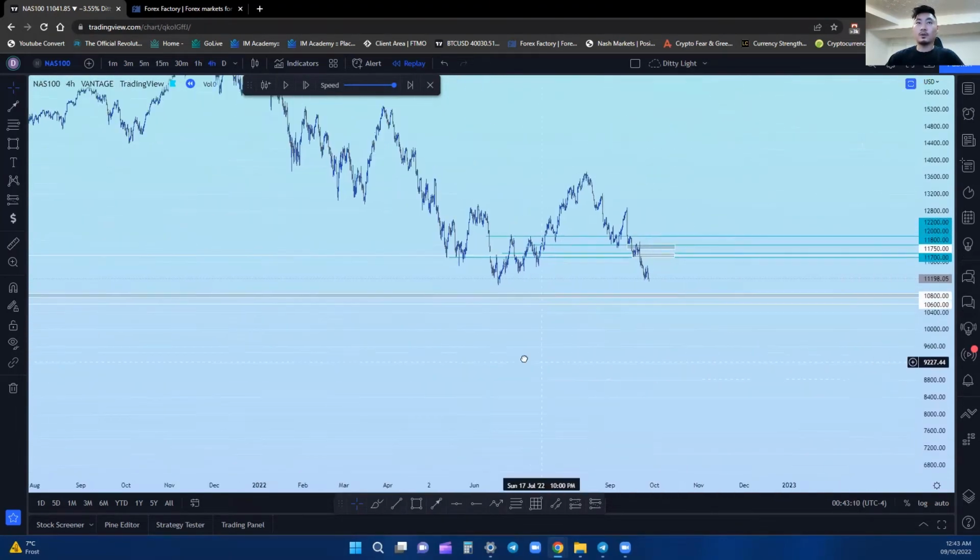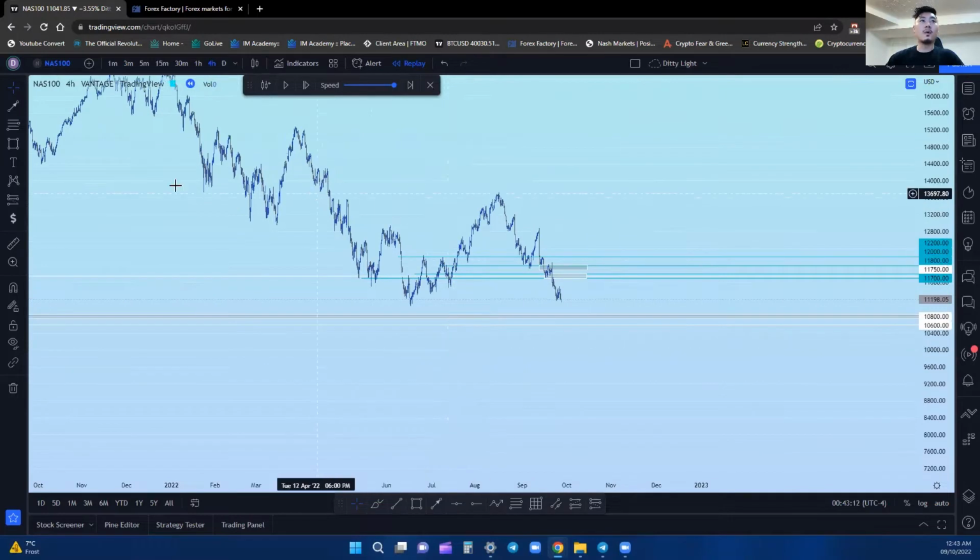So if we go with the trend, let's stay on the 4 hours, right? So boom, retrace, boom, create lower low, and then higher retracement, but we didn't break above this level, right? So we're still bearish from here.